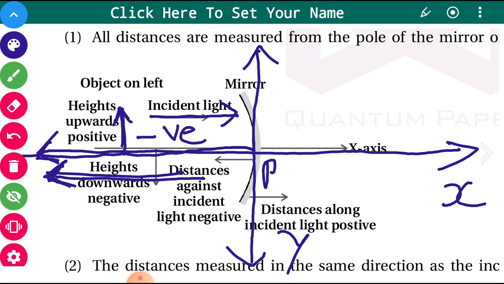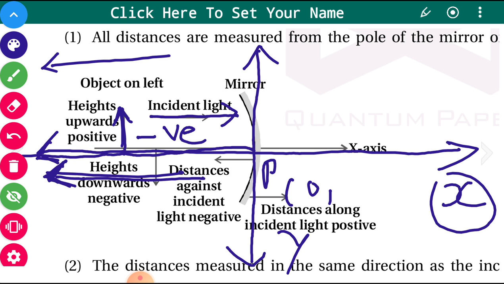Try to understand this direction as such for our x-axis. If you consider 0, 0 at the pole, this is the negative x-axis. So distance in this left direction will always be negative.